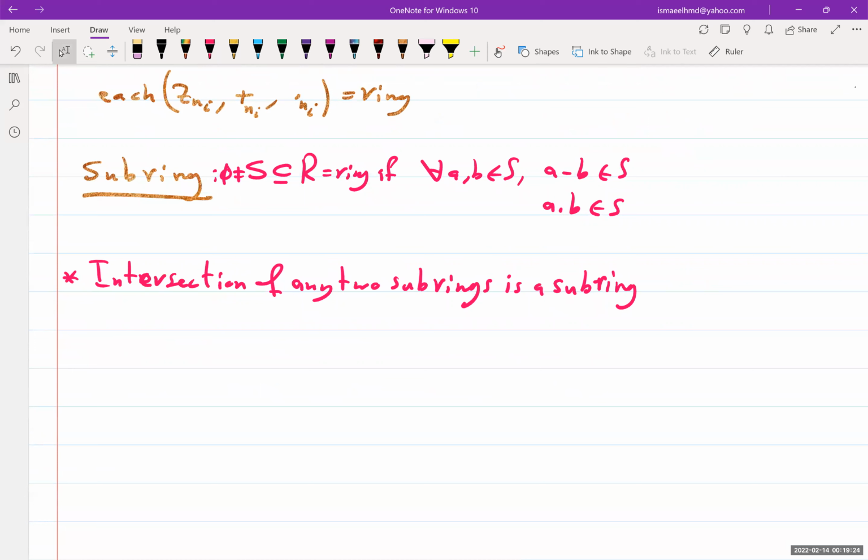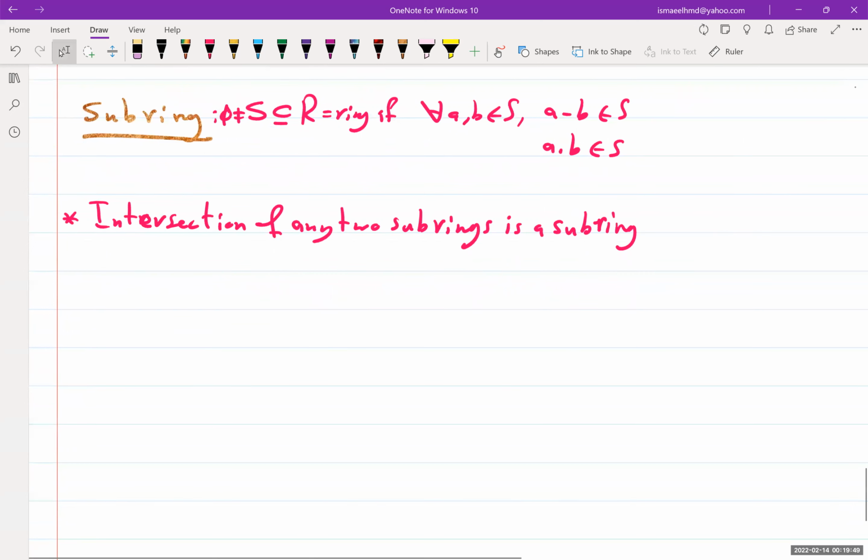Even the intersection of any family of subrings of a ring is a subring of that ring. But the sum of two subrings is not necessarily a subring, and the product of two subrings may not be a subring.